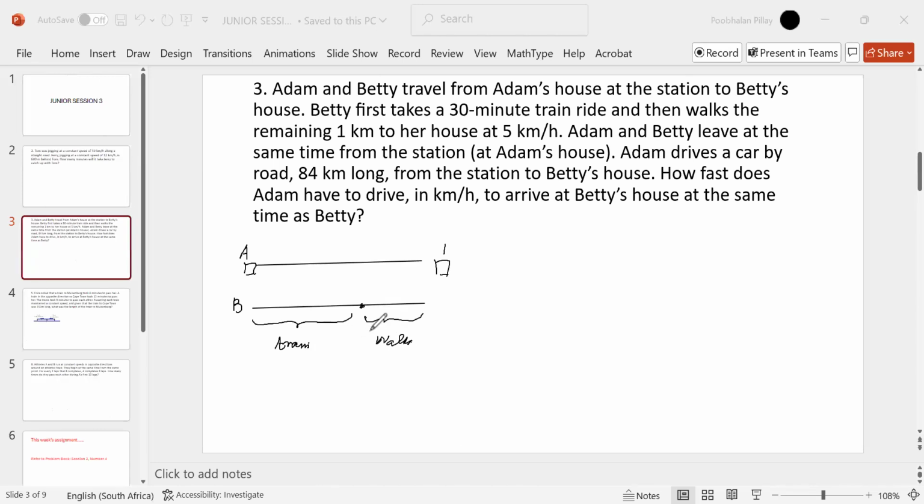It's a 30-minute train ride. Okay, so she takes 30 minutes for this, and then she walks to the house at 5 kilometers per hour. Right? So the speed here is 5 kilometers per hour.